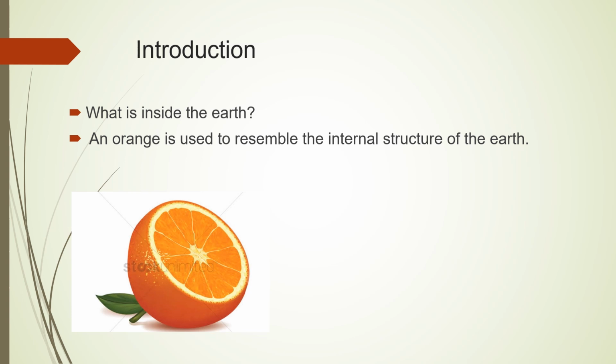So we have used a picture of an orange to give us an idea that the earth has something inside. You are sitting there asking yourself, what could be inside of the earth? This inside talks of what? Beneath. We are not looking at the surface of the earth. We are not looking where we are putting our food every day as we are working. But we are thinking about deep beneath the earth's surface.